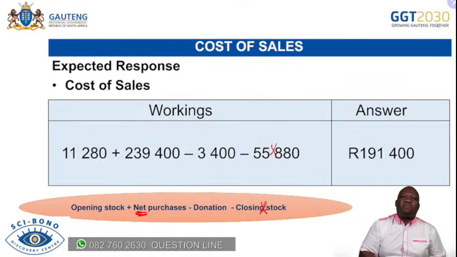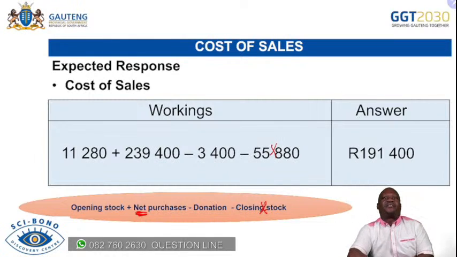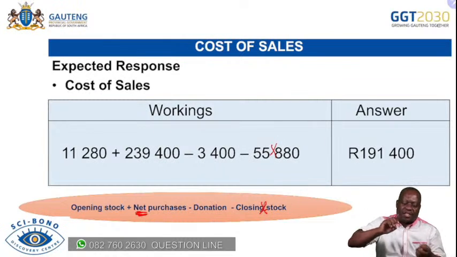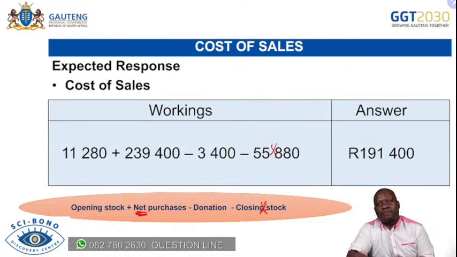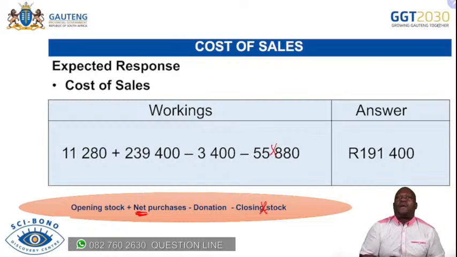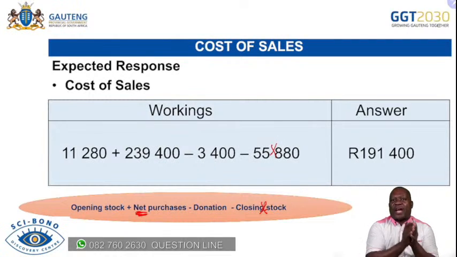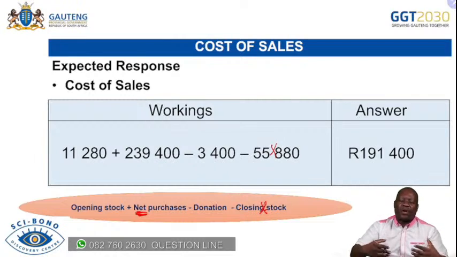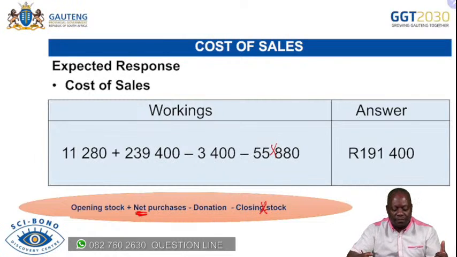Net purchases means we have already subtracted returns. Because remember, when we have got returns of goods back to the supplier, it means we no longer have them. They are no longer part of what we are going to sell, so they cannot be included in the calculation of the cost of our sales.